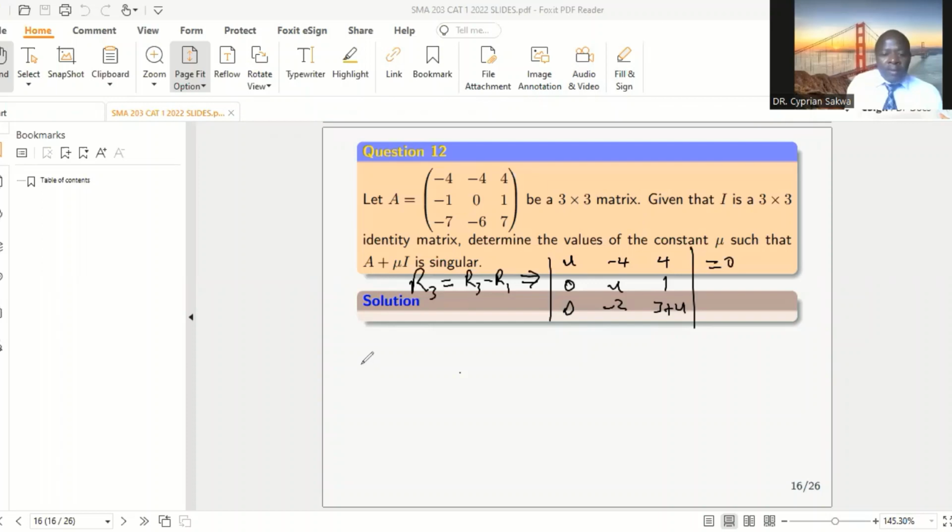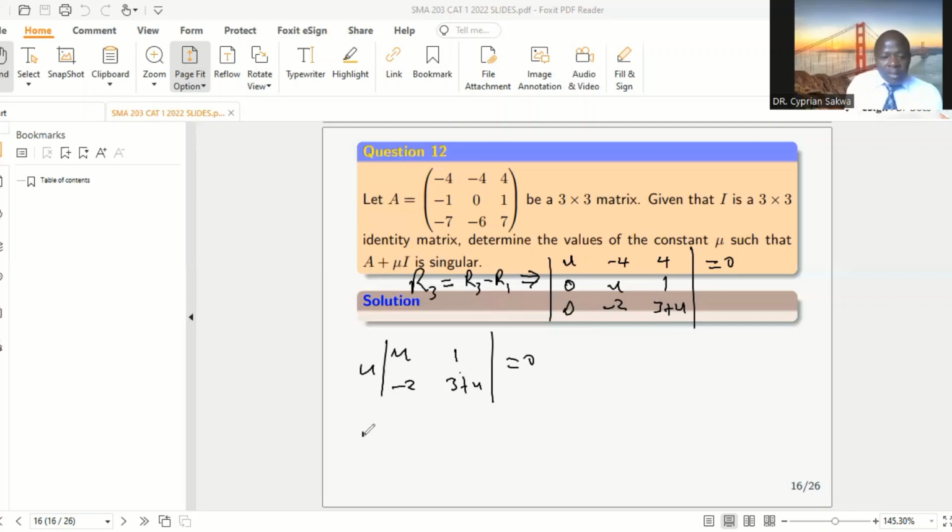So when I delete the row and the column of u, I have u, 1, negative 2, and 3 plus u. This should be 0.